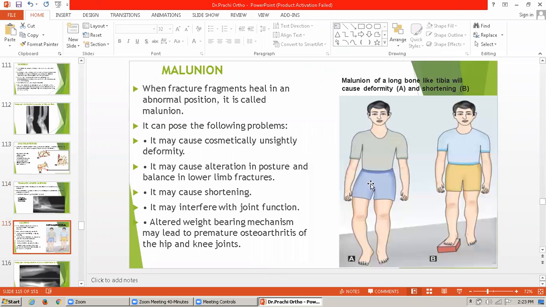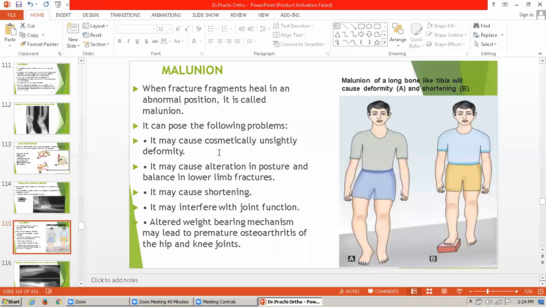Then the next complication is malunion. When fracture fragments heal in an abnormal position, then it is called a malunion. It can pose the following problems.